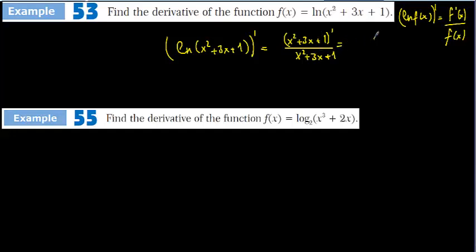And here we may continue one more step: the derivative of x squared is equal to 2x, the derivative of 3x is equal to 3, the derivative of 1 is equal to 0, so it's going to be 2x plus 3 over x squared plus 3x plus 1.